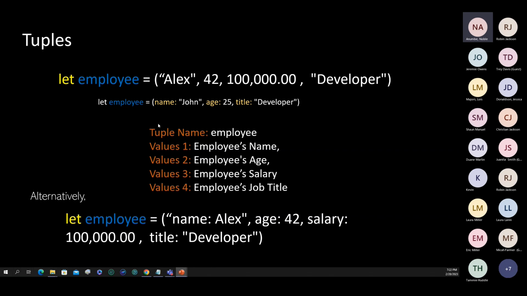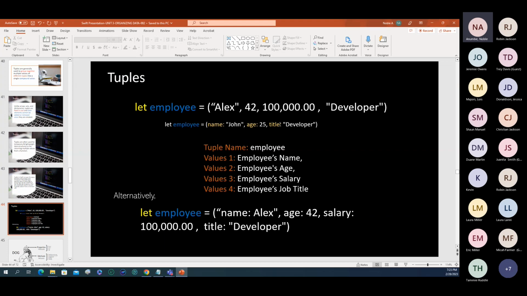So if I break this down, I do an analysis. The name of the tuple is employee. The employee's name is the first thing, which is John. Employee's age, 25. Employee's salary, where did I include? Okay, I included salary here, so let me do the salary thing too. Salary, and then 100,000.